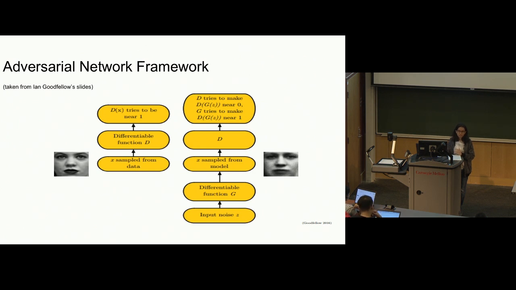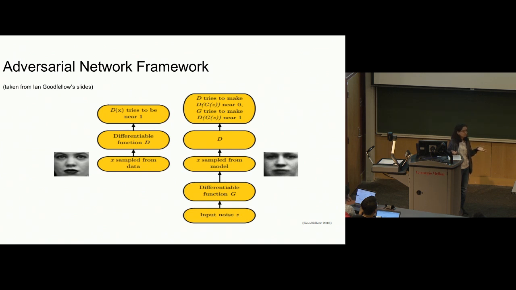The generator generates more images or more samples, and the discriminator just tries to distinguish whether a given input is real or fake. If you look at this flow chart, the input samples are, for example, face images of people. On the left side, you have a real image, and on the right side, you have a generated one. So if, for example, X is taken from the training data, it's real.